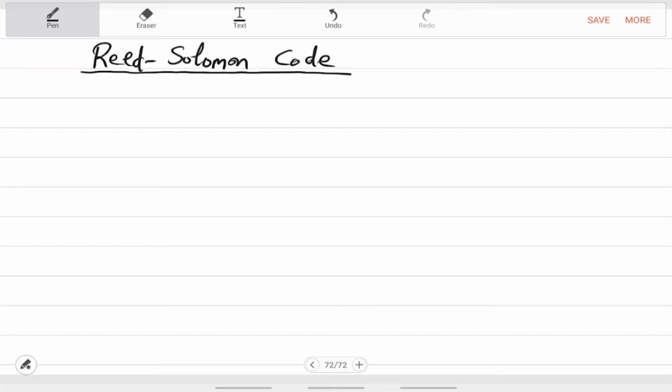Okay, so every message that Alice sends is actually a polynomial in one variable over a finite field. So you can think of every message as a function over a finite field.